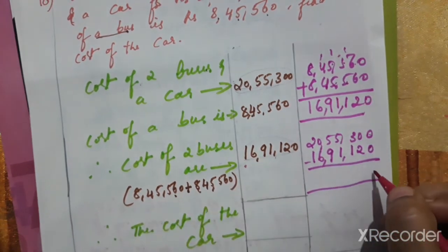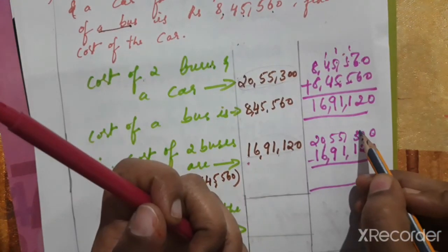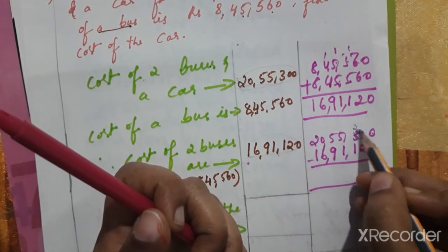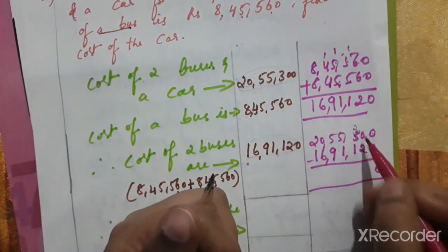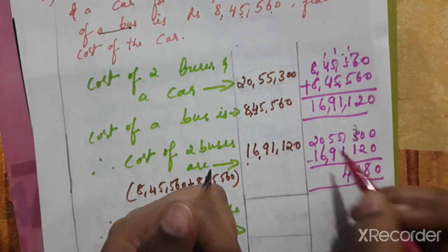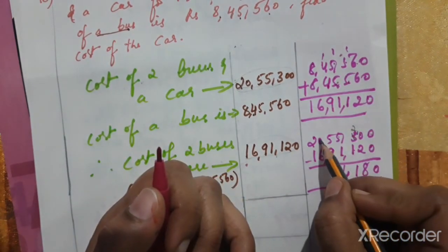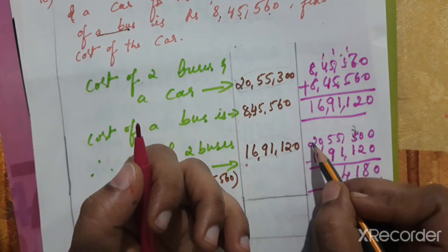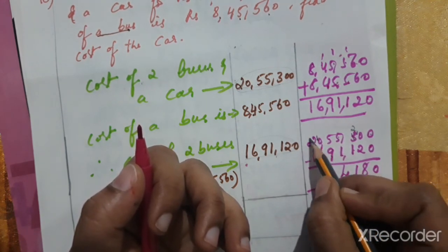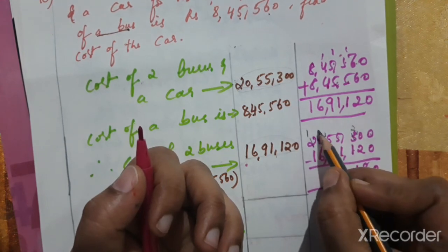Okay, 0 minus 0 is 0. Here 0 minus 2 we can't subtract, so borrow 1 from the next number. So here 10, and this 3 will become 2. Now 10 minus 2 is 8. 2 minus 1 is 1. 5 minus 1 is 4. 5 minus 9 we can't subtract because 5 is less than 9, so borrow 1 from the next number. Here 0, we can't get any number from here, so from the next number, 2 will give 1 and become 1. Together it is 10, and 10 will give 1 to here and become 9.